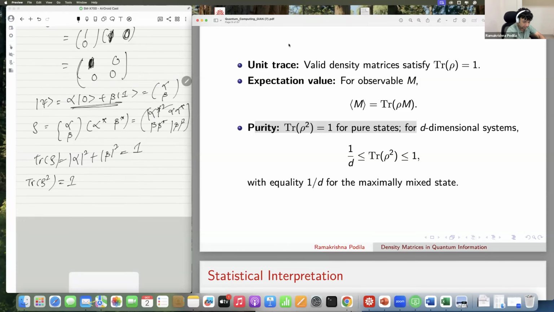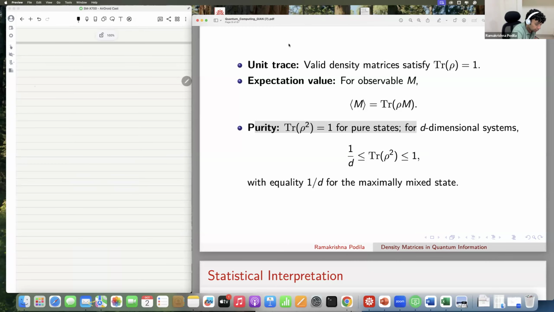So for example, we can do that. So rho is alpha square, alpha beta star, alpha star beta, beta square. If I do rho square, I just need the trace, so the diagonal elements: alpha to the power 4 plus alpha square beta square, and beta to the power 4 plus alpha square beta square.